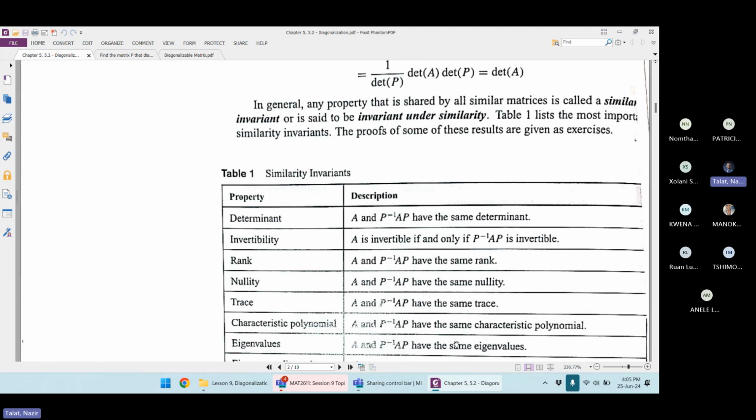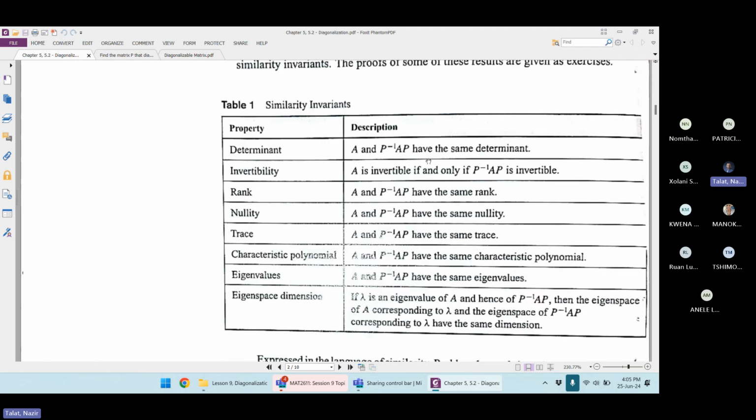But first of all, we will start from here, that in a similar matrix there are some useful things about that. So the important question is how we can find this matrix P. So we can find a matrix P which satisfies this relation. For this, remember that the determinant of A and P inverse A P is always the same.